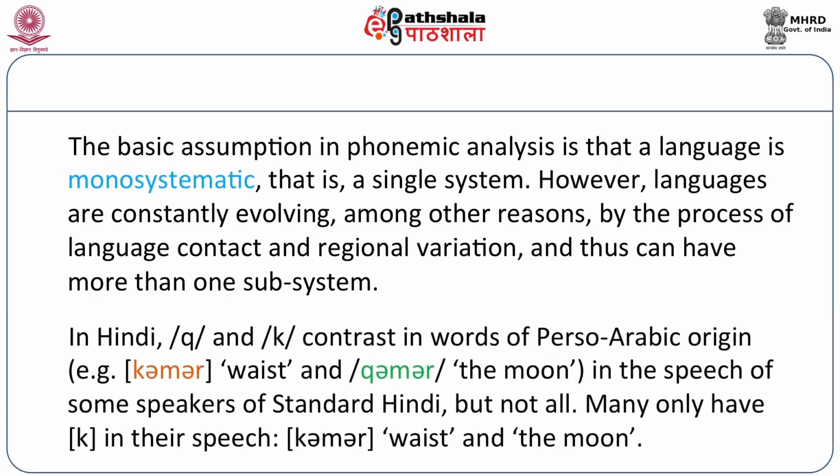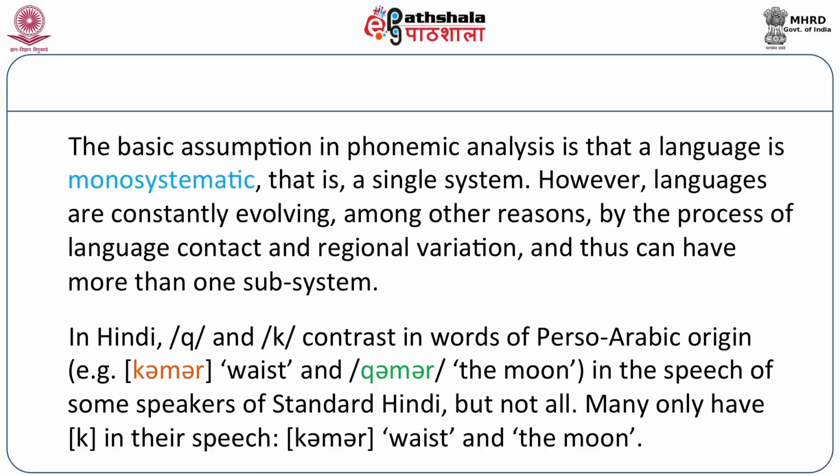Hindi has the consonant k as a borrowing from Perso-Arabic, and also the vowel o as a borrowing from English. What we notice is that ka actually freely varies with ka in the speech of most speakers of Hindi.